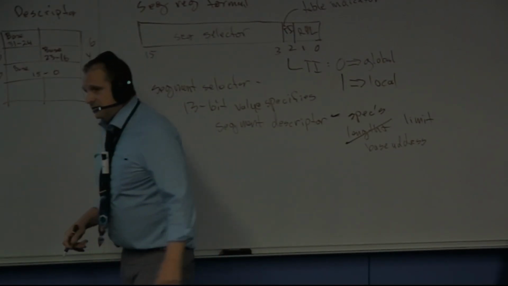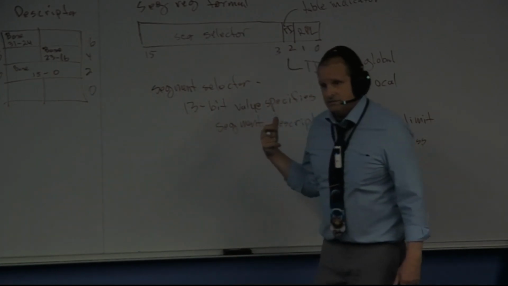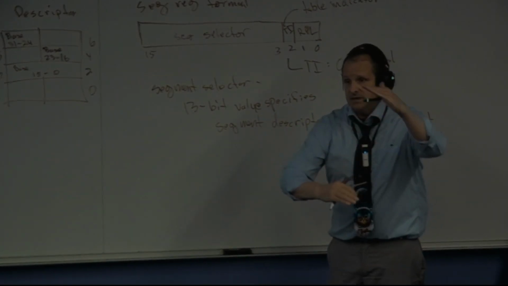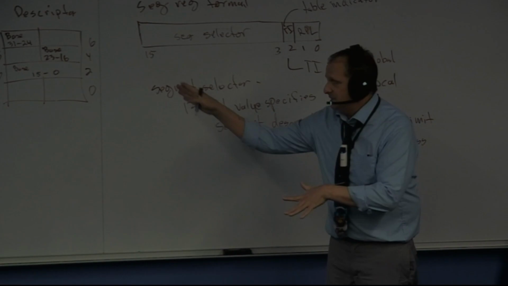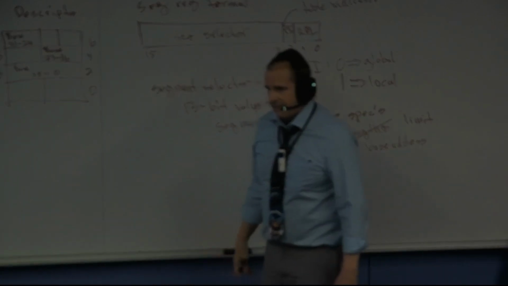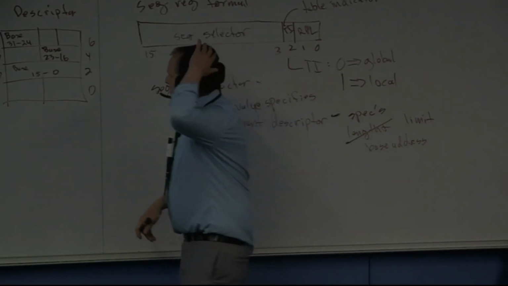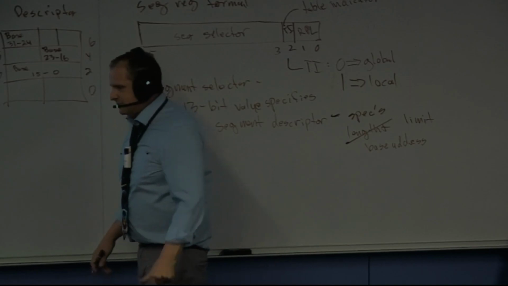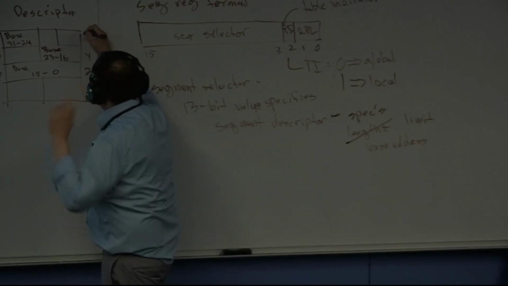The limit is the other thing we need, because we have to know how big. We found out where it starts, the base address, and need to know how big. The limit is 20-bit, and there are lots of reasons for that, which I'm not going to get into now.